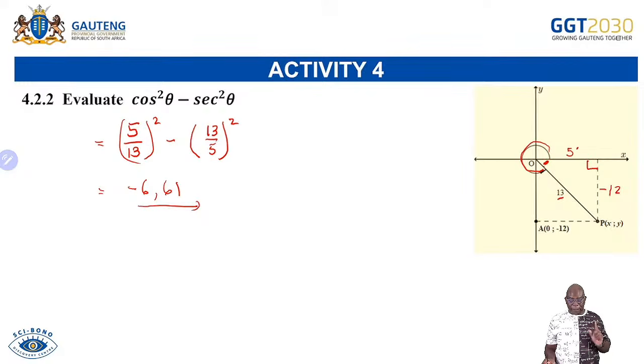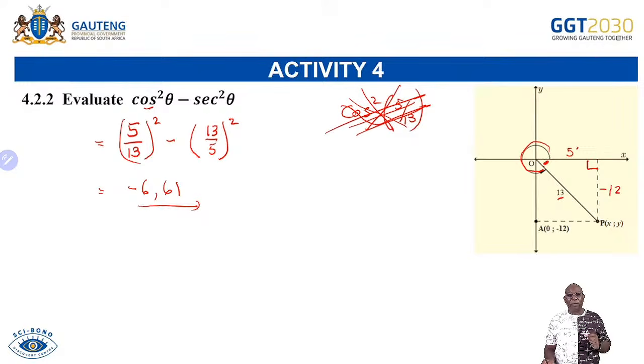Please, here's another tip. If I need a ratio, I do not write cos squared and then write 5 over 13. That is completely wrong. We're going to mark it wrong at the marking center. Do not write the ratio cos, and then from there write the number in brackets.